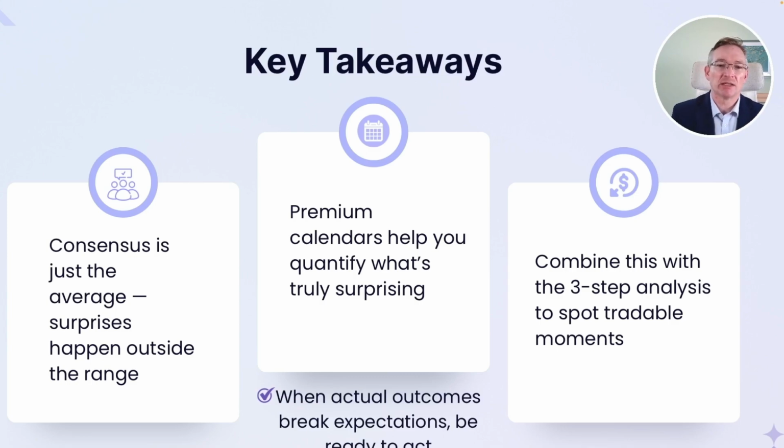So as we summarize this lesson, remember the consensus is just the average. It's surprises that happen outside of the range. Premium calendars will help you quantify what's truly surprising by giving you the range of analysts' expectations. Finally, you must combine this with the three-step analysis process in order to spot tradable opportunities. And when actual outcomes do break those expectations, that's when you need to be ready to act.